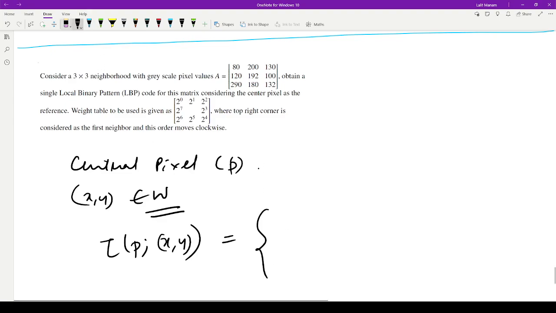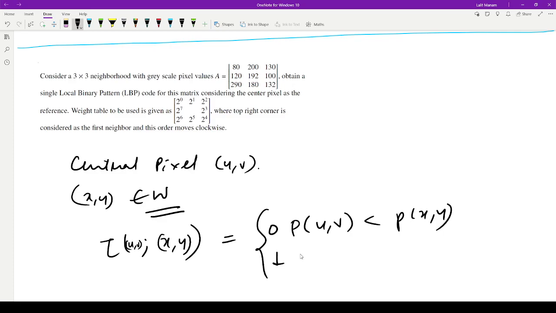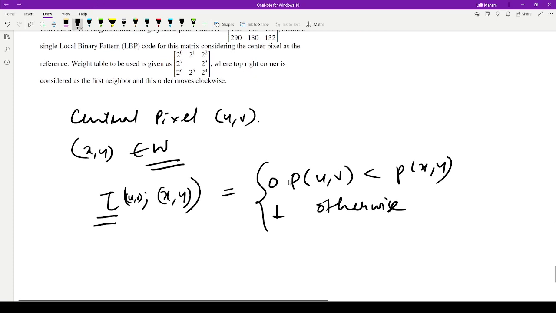Sorry, I'll use the original convention that we were using. It will be better. So the central pixel is u comma v, and then we have a neighborhood pixel x comma y. So if the pixel value at u comma v is less than the pixel value at x comma y, then we assign it as 0. So this tau function will give us a binary value.